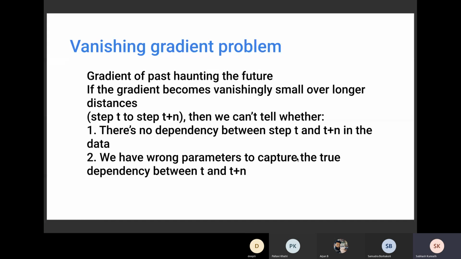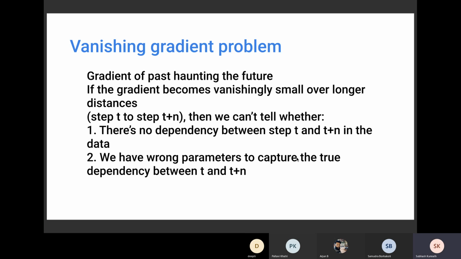If the gradient is becoming very small over a long distance, it means two things. One is that there is no dependency at all. The second is that the model is not able to capture the dependency.